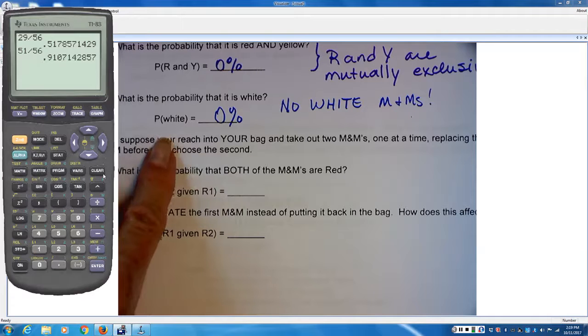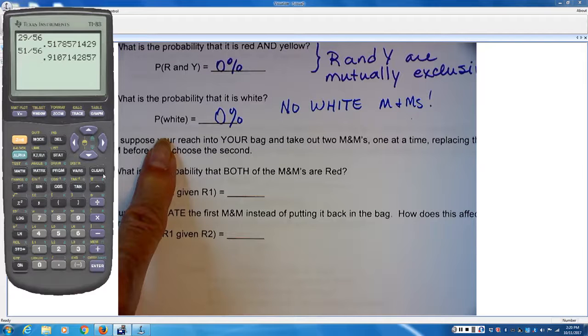This one's not on here, but what if I ask you, what's the probability that you drew out a purple M&M? 0. However, when I first started doing this activity, a great many years ago, there were purple M&Ms. Every bag had purple M&Ms in it. So they've changed their color configurations over the years.